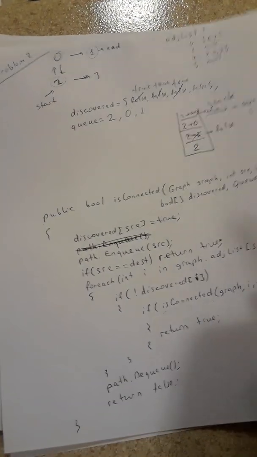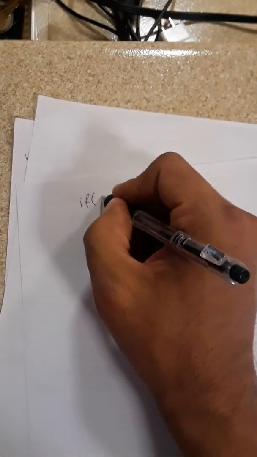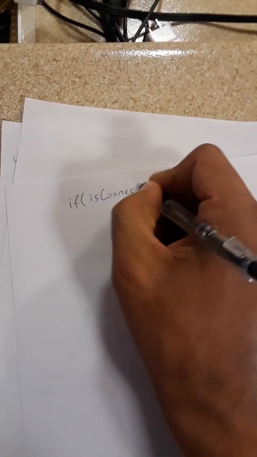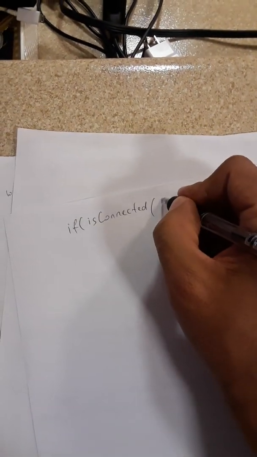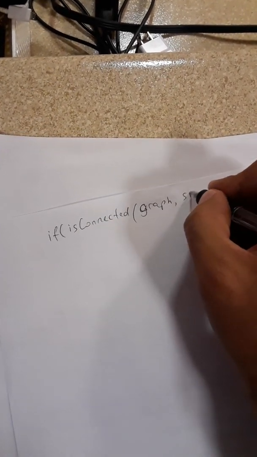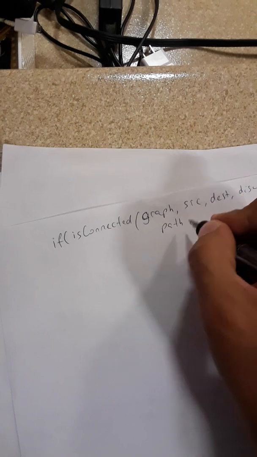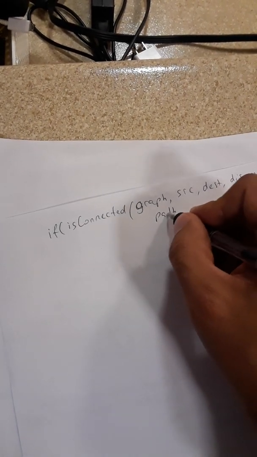At the end we'll call this function, passing the graph, source and destination points, also the array, and the queue data structure.